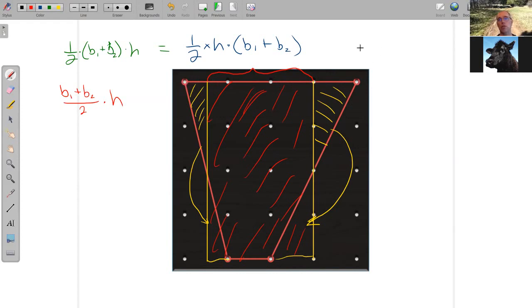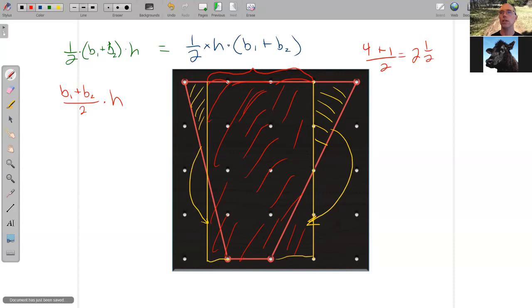I had a base of 4 up top. I had a base of 1 at the bottom. If I add those up and divide by 2, that's going to give me 2.5. And you should be able to see here that this is 2.5 when we do that slicing. So that's another way to think about the formula. So there's a bunch of ways geometrically to make sense of that trapezoid formula.